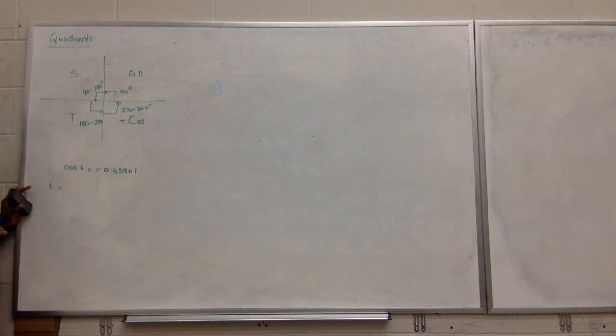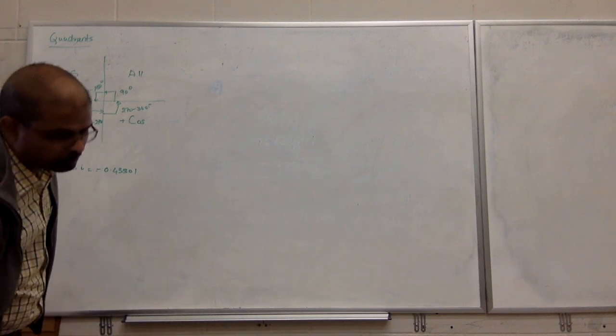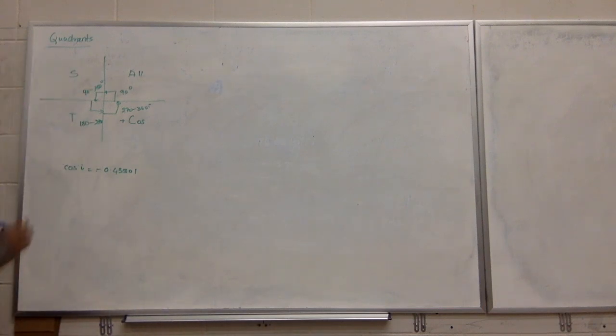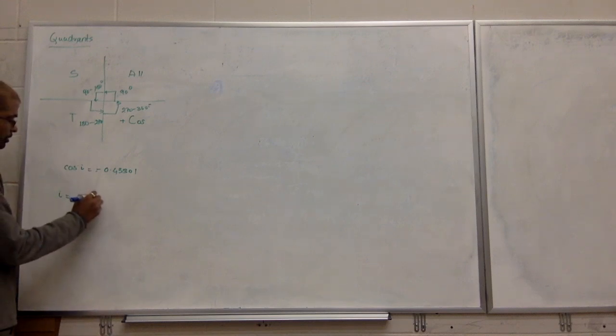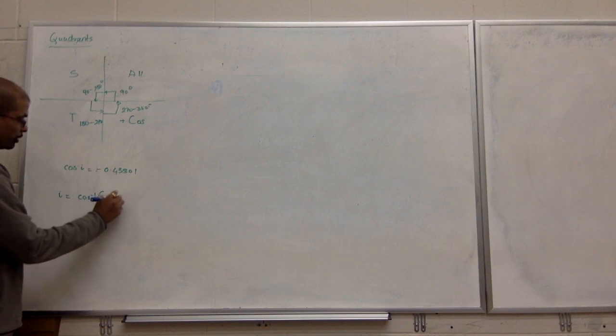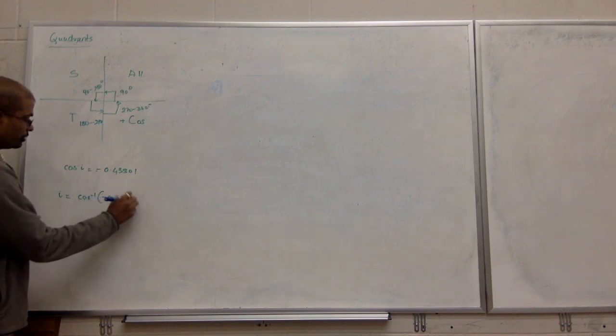You agree? And you can find out i as cosine inverse of negative 0.4330.